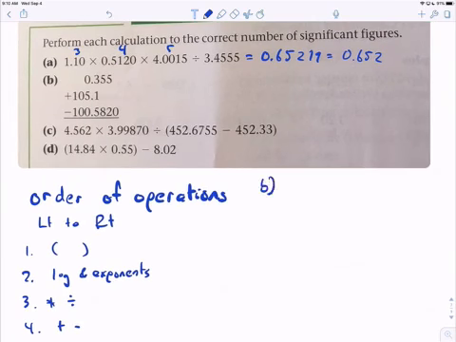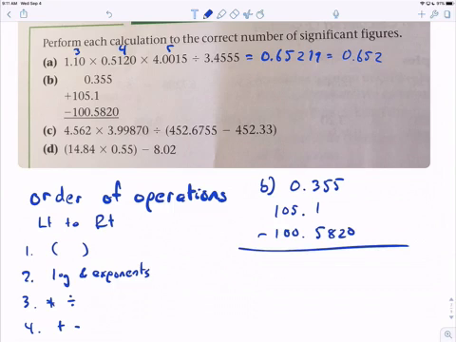Okay, so B, I'll write this one out, 0.355105.1 minus 100.5820.